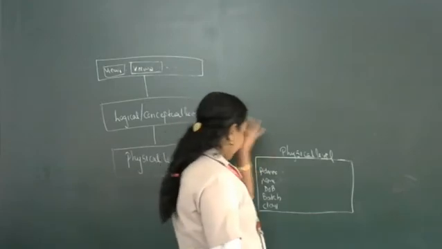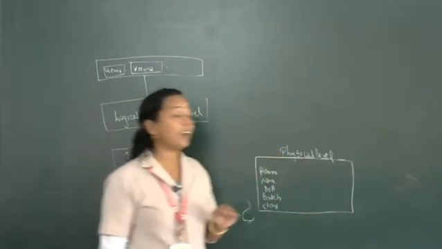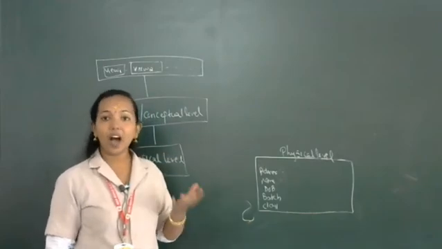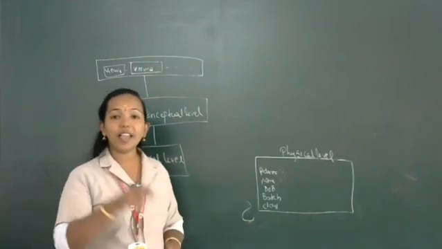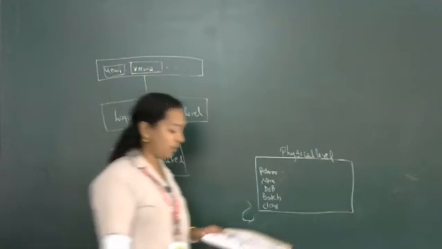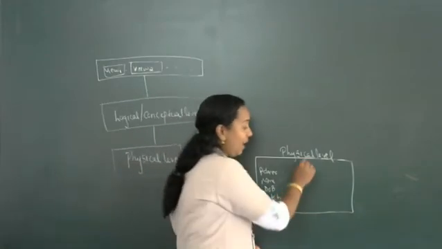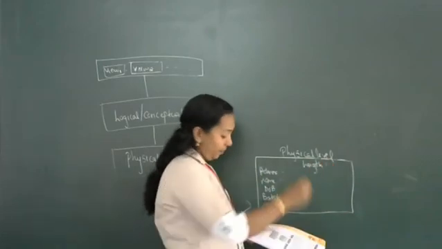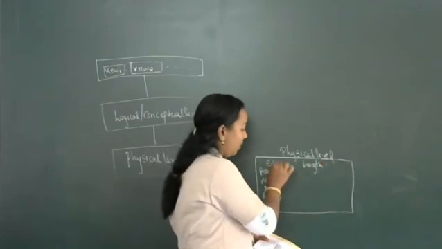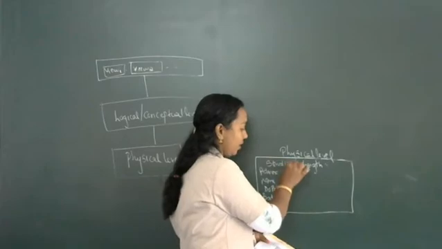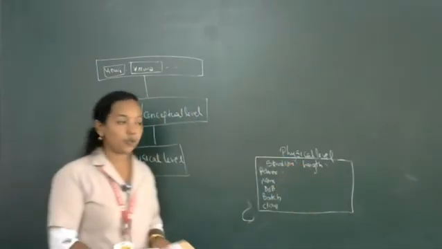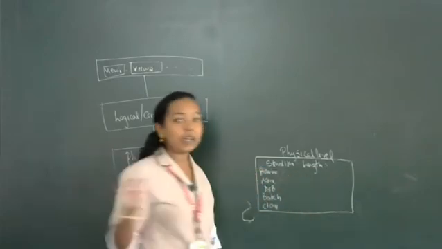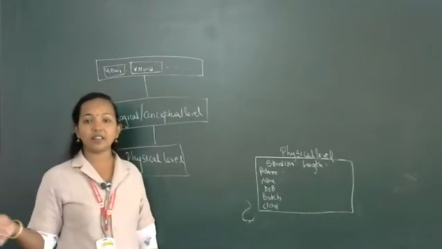What does the physical data level indicate? How data is stored. So all the essential information you want to specify, for example, the length of this record, how many items are stored in this record, the number of bytes required, the memory location used and in which manner it is used.